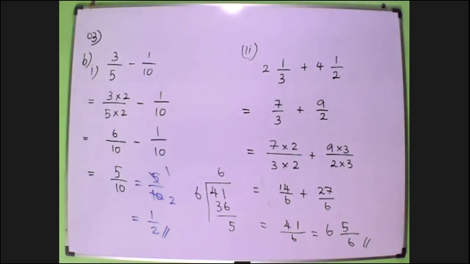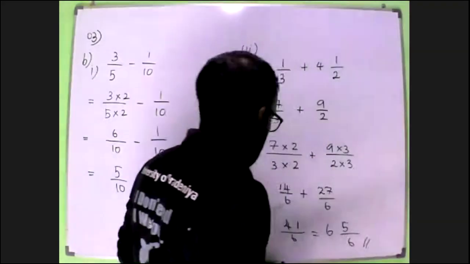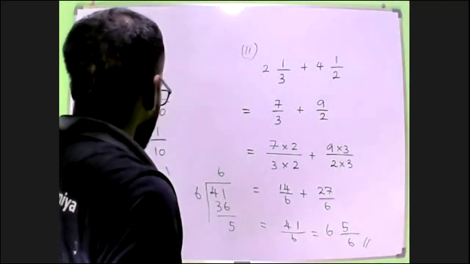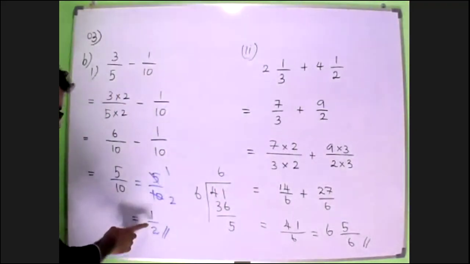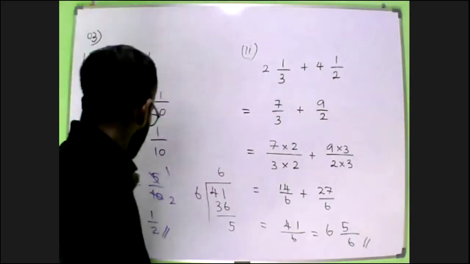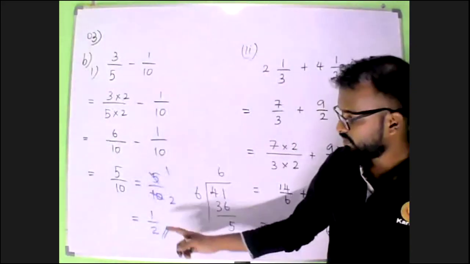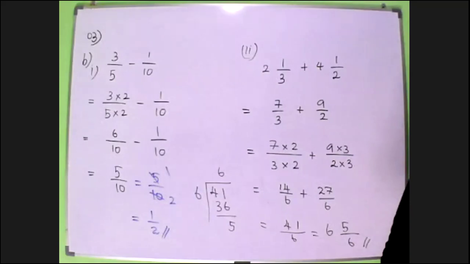Excuse me, sir. Yes. Sir, in B part 1, I did not simplify, sir. I put 5 over 10. Sir, 1 over 2 is needed? No sir, I put 5 over 10. 5 over 10. I mean, marks will be reduced, right? If that happens.